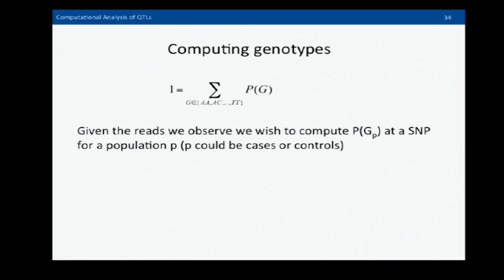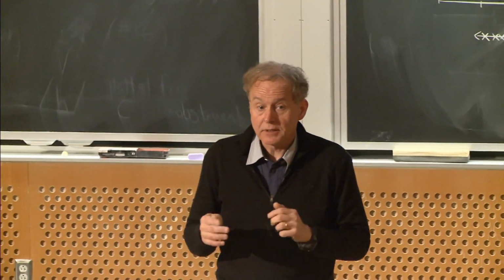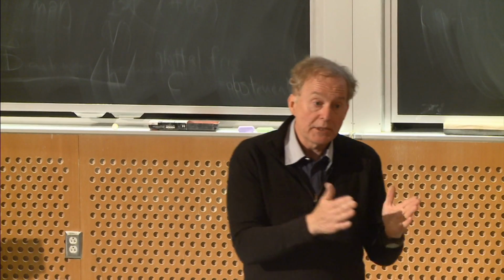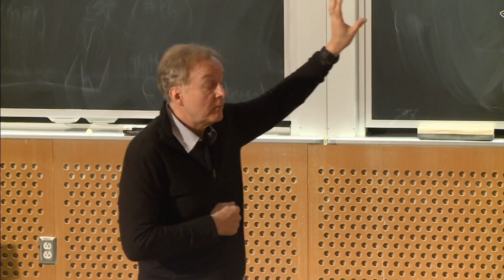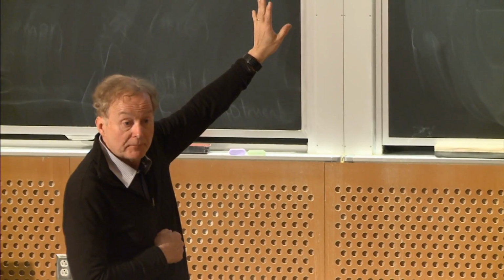Doesn't really matter, depending upon which way you want to simplify the problem. And what we would like to do is for a given population, let's say cases or controls, we'd like to compute the probability over the genotypes with high veracity. Okay?